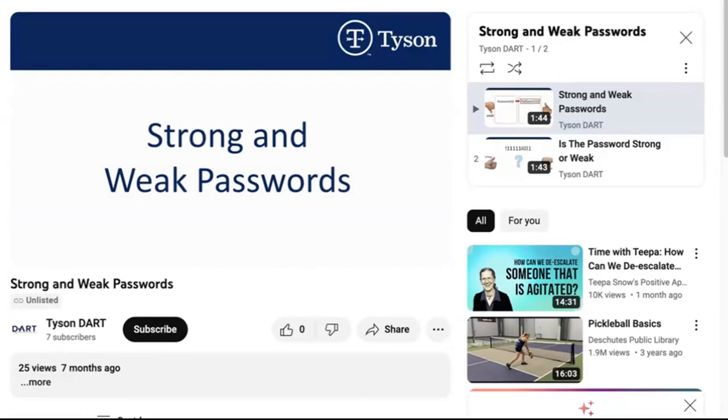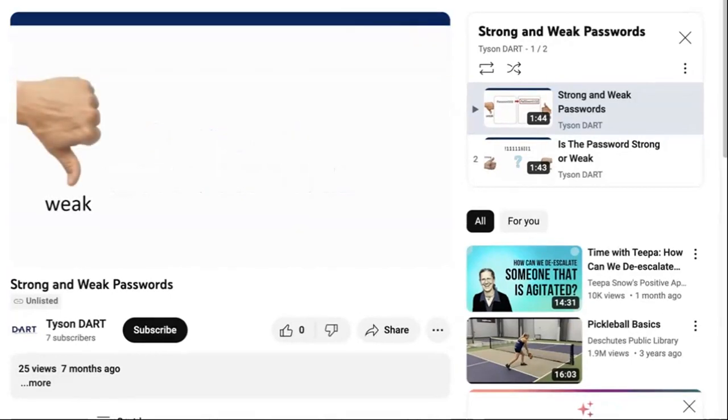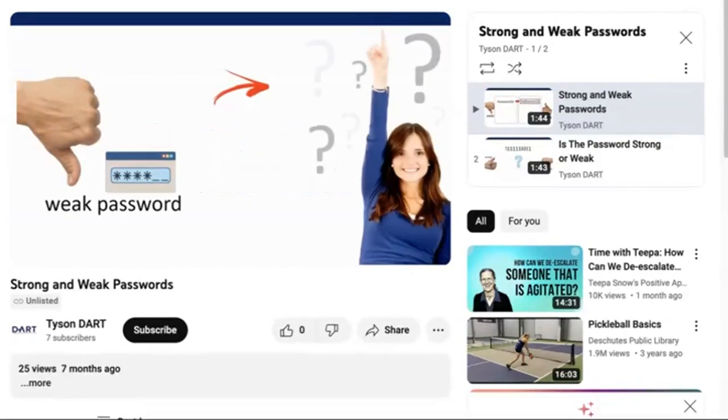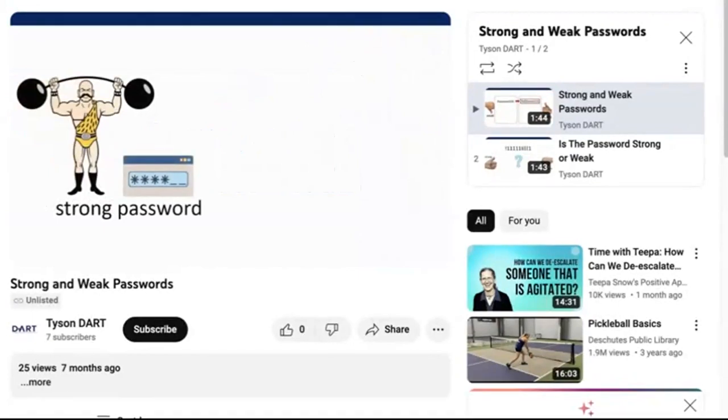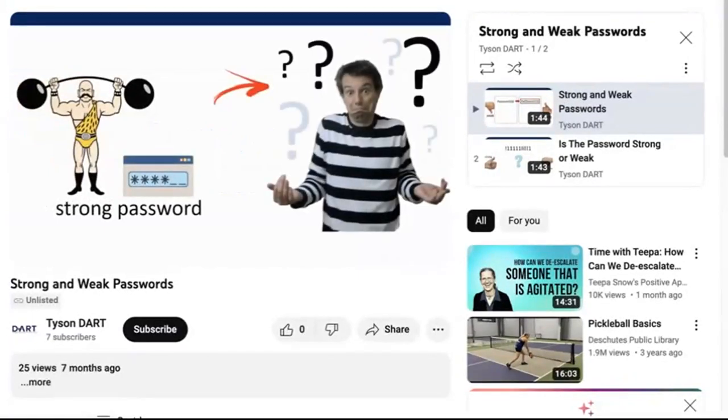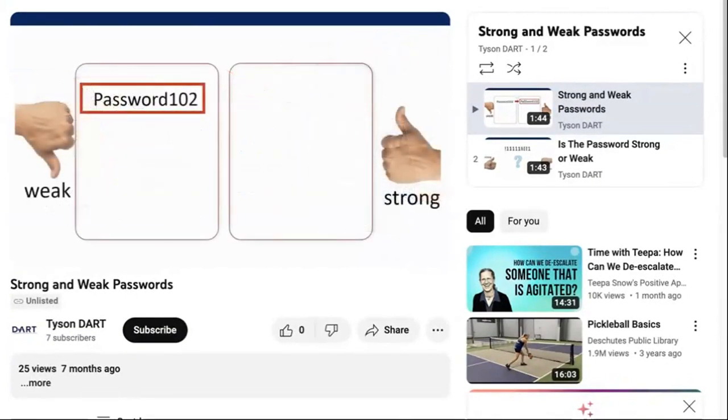Strong and weak passwords. A weak password is easy to guess. A strong password is difficult to guess. This is a weak password. It is easy to guess.